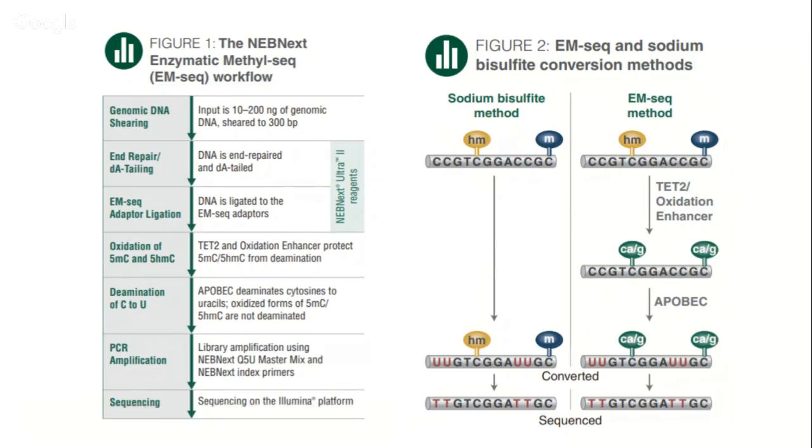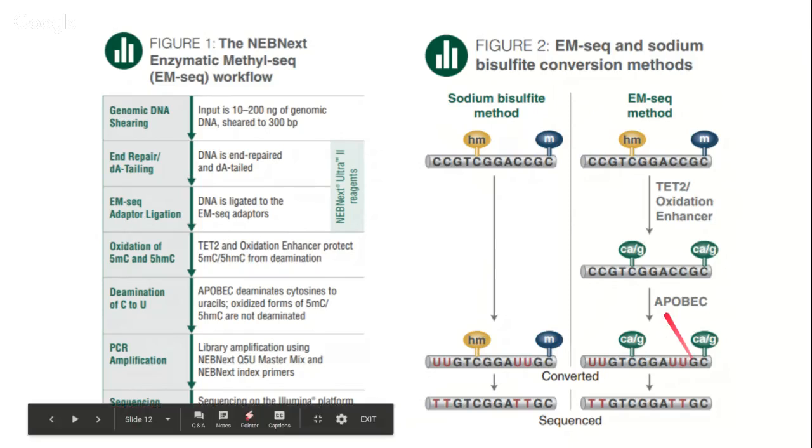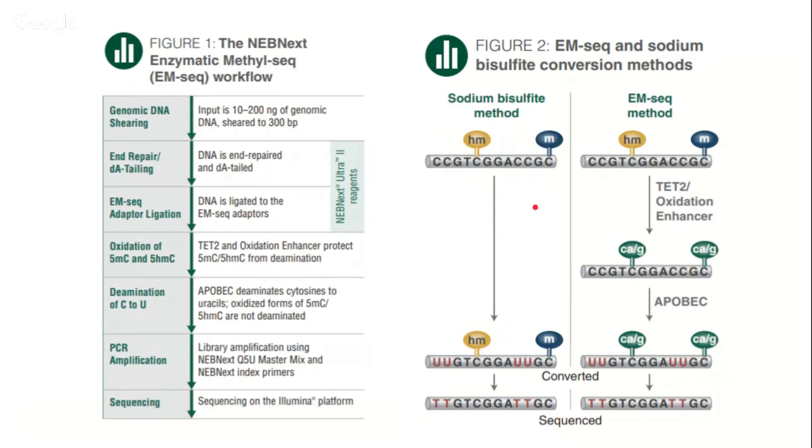Obviously, if you use other methods that can give you a signal direct from the molecule without any conversion, like the Oxford Nanopore method, then you don't need to convert it into anything to be able to find out the methylated Cs in CpG context.